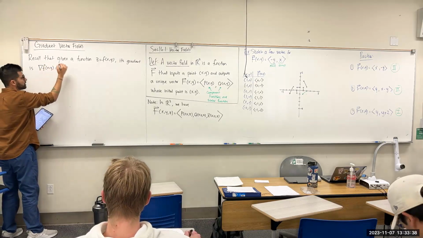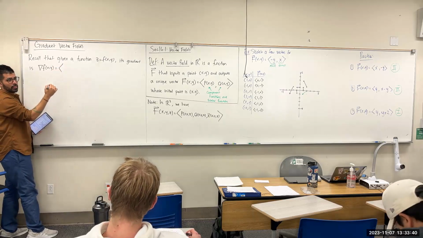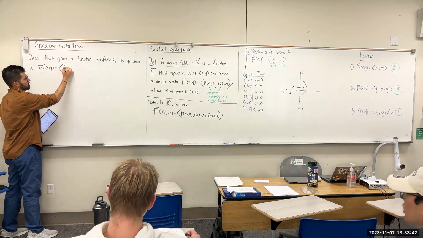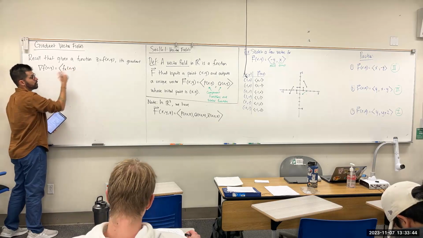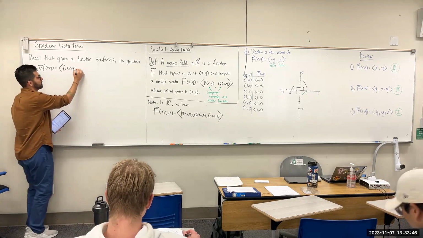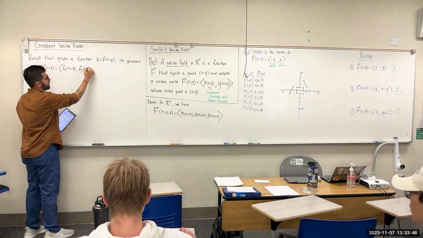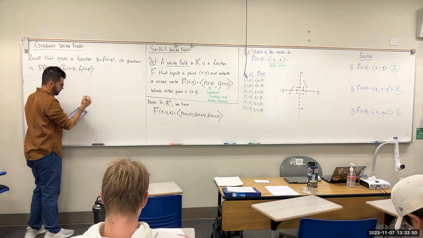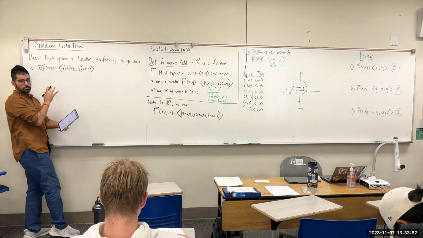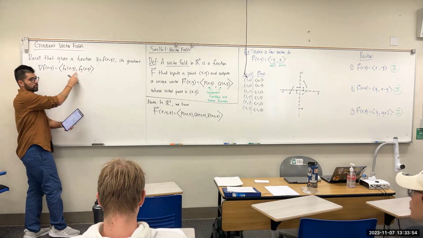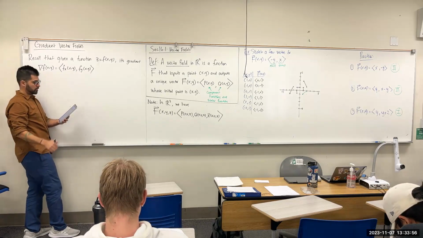You guys remember where it was? It was the partial. It was the partial, which they themselves were functions of x and y. Now, with what we've discussed, notice that it's a vector field, where the partials are the components. Okay?